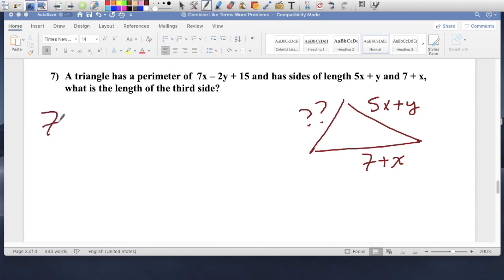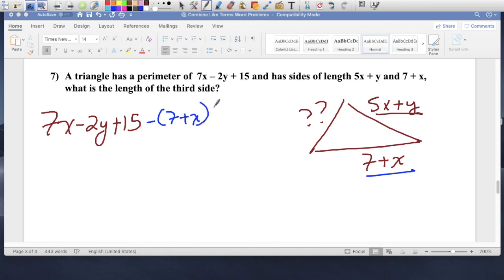So your total is 7x minus 2y plus 15. We're going to subtract this side, minus 7 plus x, and then we're going to subtract the other side, minus 5x plus y, but we need those parentheses. So we're subtracting those two terms and those two terms. 7x minus 2y plus 15.